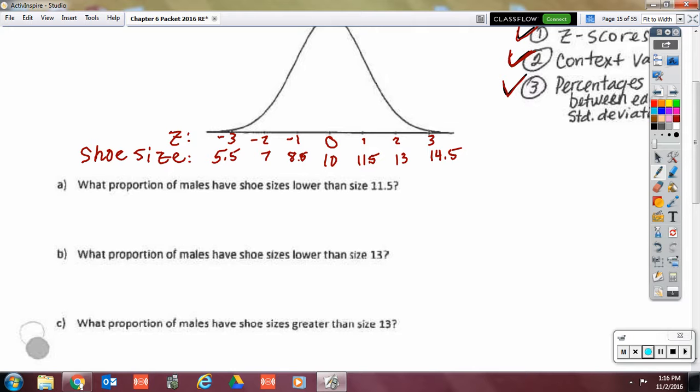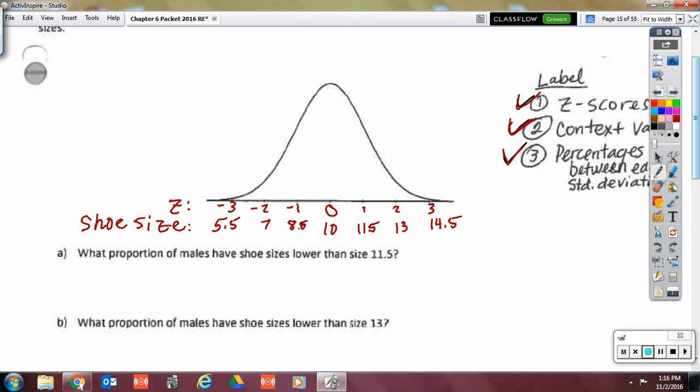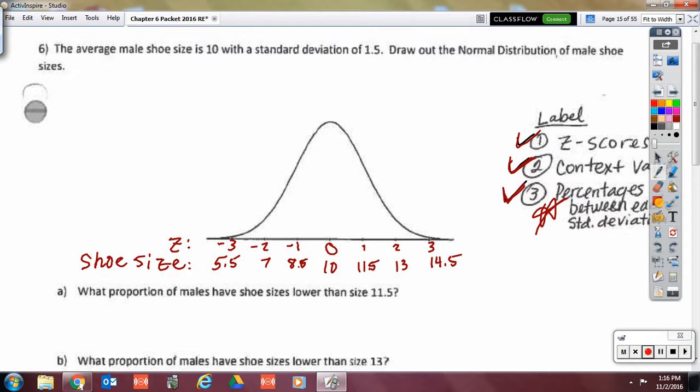All right, then finally it asks you to do these percentages between each one of the standard deviations. The ones that we should know definitely by heart are the 68, 95, 99.7, but we're going to do even more than that. Let me draw these up so that I can write on them. Remember that within one standard deviation, that percent is our 68%.